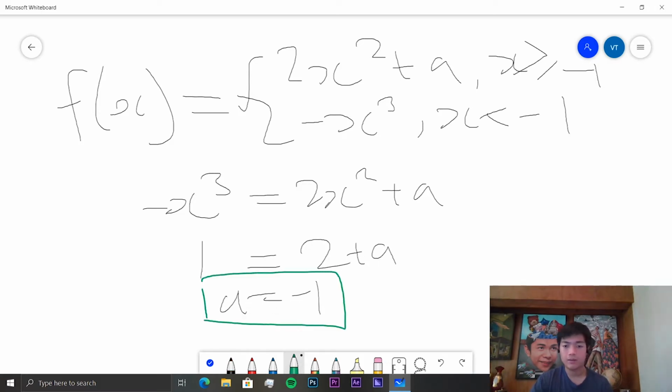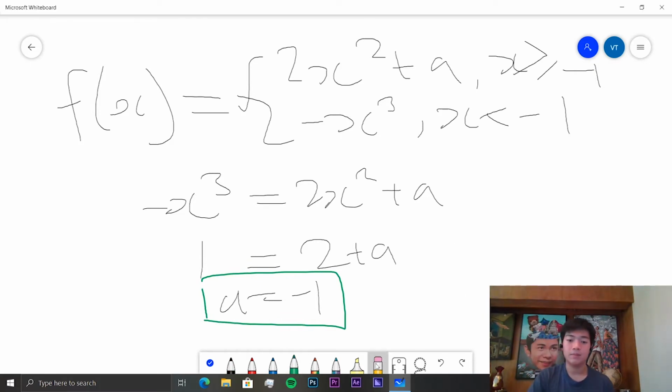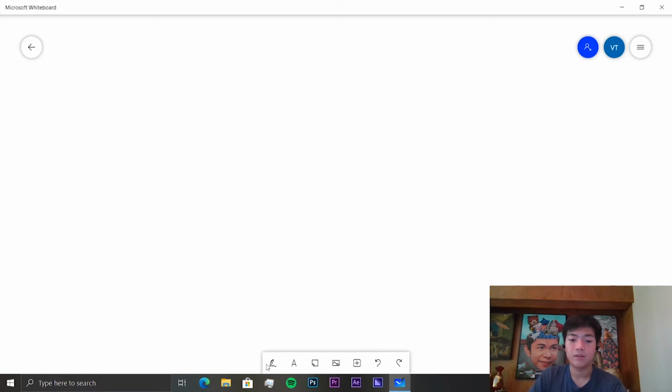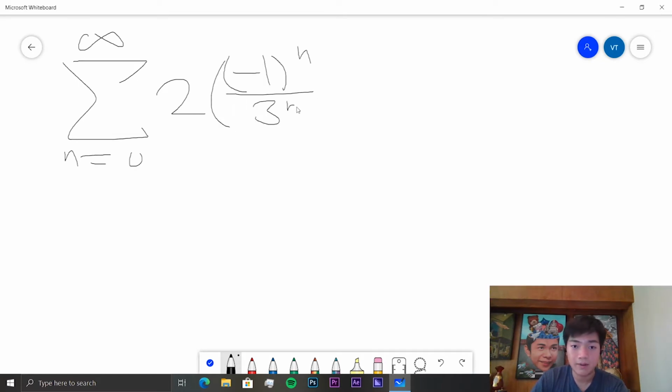So yeah, okay. For the next problem, we have 6. Determine whether the series from n equals 0 to infinity of 2 times (-1)^n over 3^n converges, and if it does, find its sum.